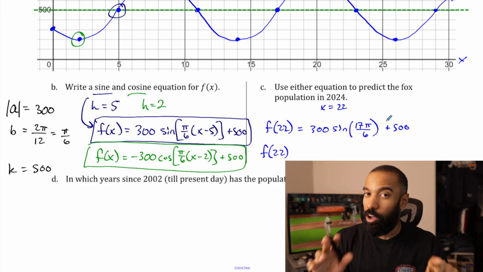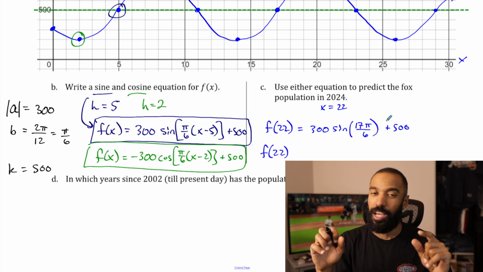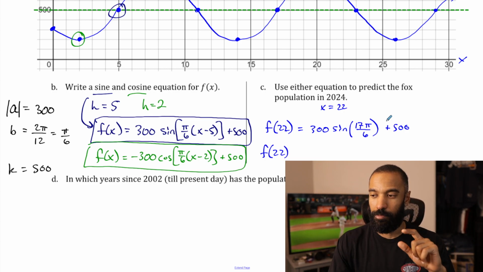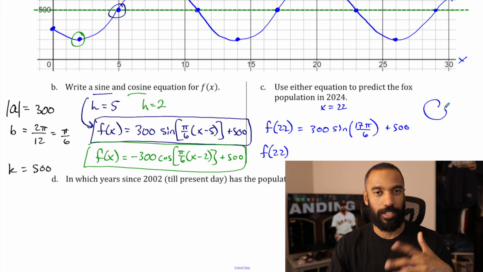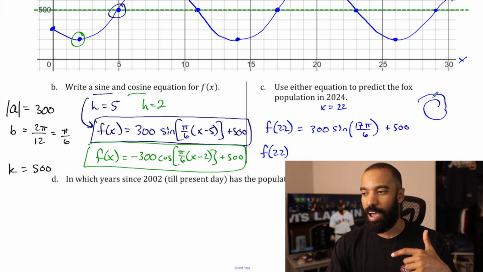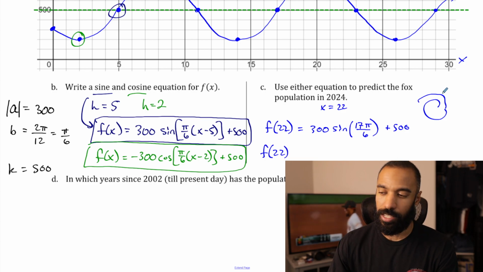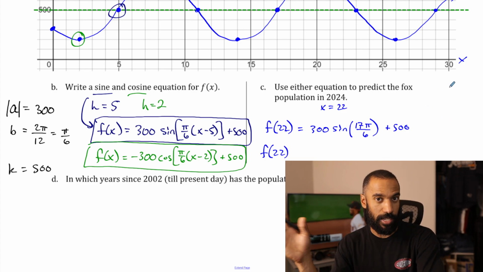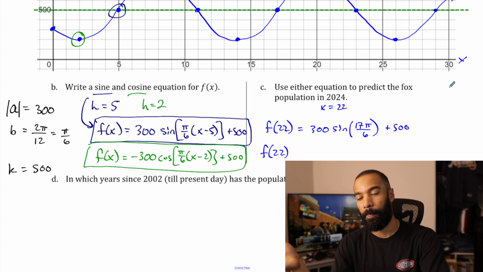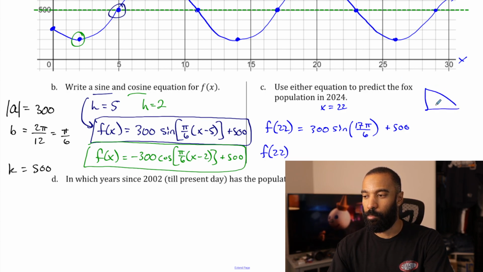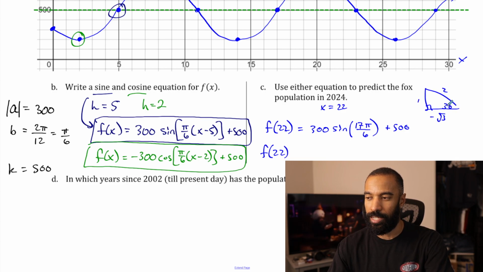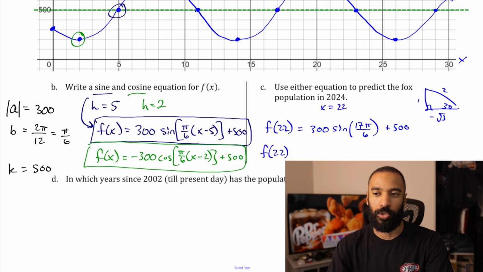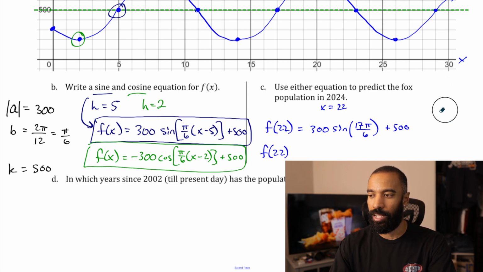Well, this is a 5 pi over 6 thing again. 12 pi over 6 is a full circle, a full 360. Plus another 5 pi over 6 gets you there. So if you can visualize it, 5 pi over 6 is 150 degrees. That's 30 up from 180, which is a 1 to 2 to root 3 relationship, the root 3 being negative. Doesn't matter because we're doing sine. Sine of this is 1/2.